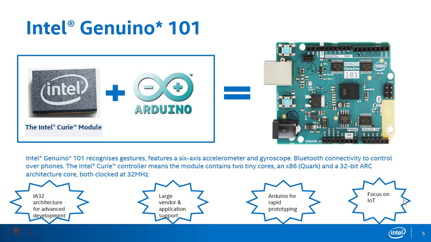So Intel Genuino is an Intel architecture 32-bit based system with huge vendor and peripheral support, and its association with Arduino enables users for rapid prototyping and opens the gate for IoT application development. Its tiny size and low power BLE make it perfect for wearable devices.